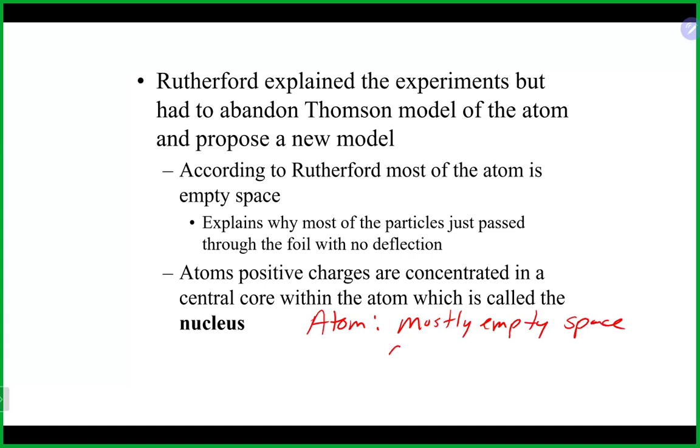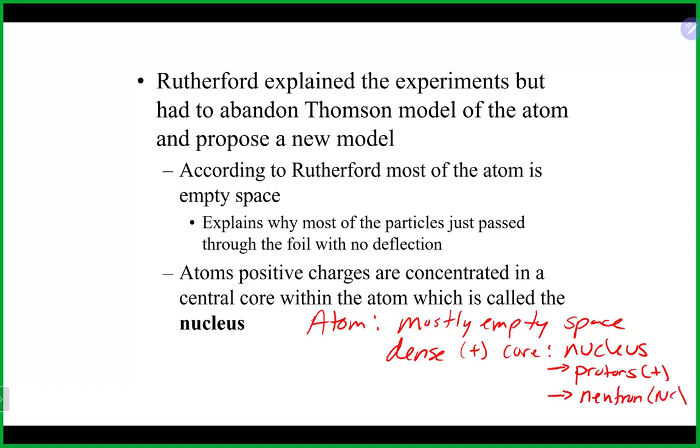It has a dense positive core, which is the nucleus. And later it was found that the protons are found in the nucleus. And later on in the 1930s, neutrons were also found in the nucleus. They found that out a little bit later on. We'll put it here for now.